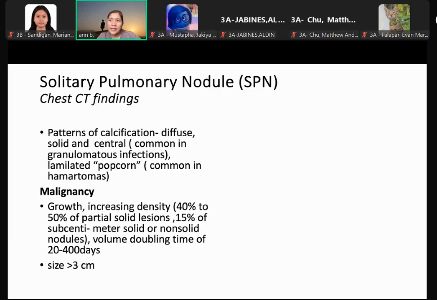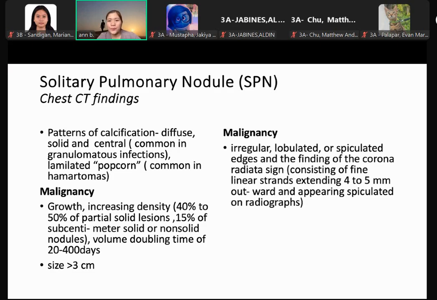So in malignancy, again, because the growth is faster, usually we catch those lesions as a mass already. Again, mass because it is more than 3 centimeters.